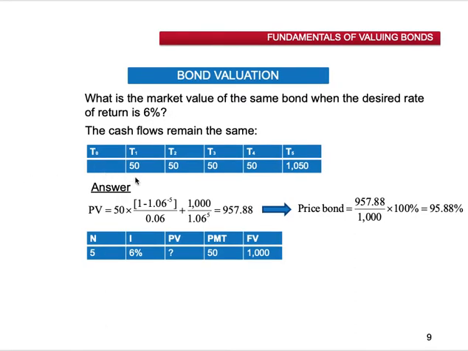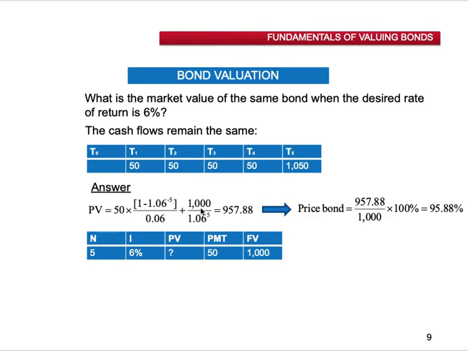So the coupon payments remain exactly the same, regardless of changing yields in the market. The firm has promised to pay a coupon of 50 per year, including the face value at T5. So that's unchanged. The only thing that's going to change in the equation is the yield, so the 6%. It goes from 5 to 6.